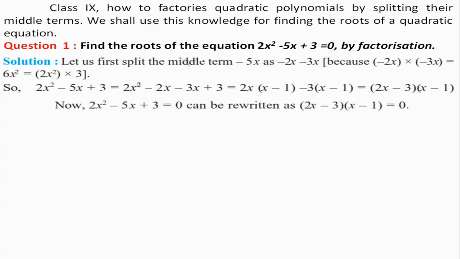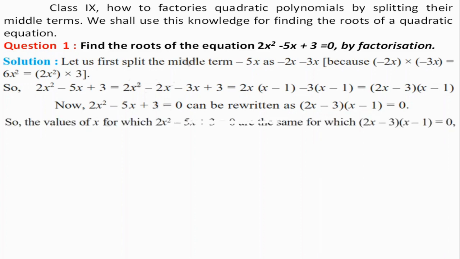So we can rewrite this equation 2x square minus 5x plus 3 equal to 0 as 2x minus 3 multiplied by x minus 1 equal to 0, and we get the value of x from this.